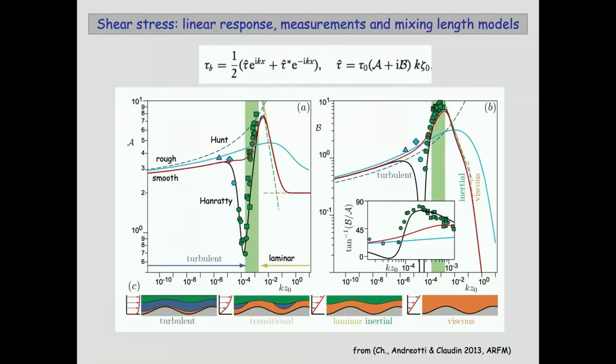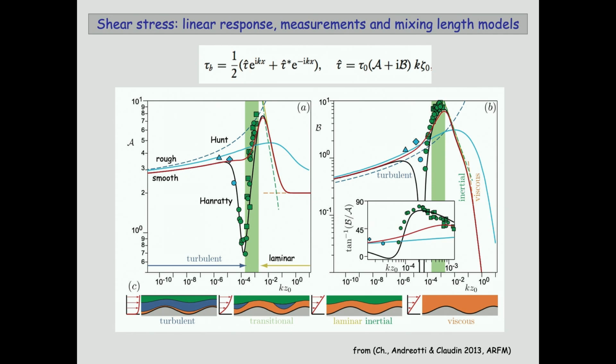And the green points correspond to the measurements of Andreotti, which are also in this region. The classical modeling does not account for this rapid variation with this peak here that Andreotti observed.